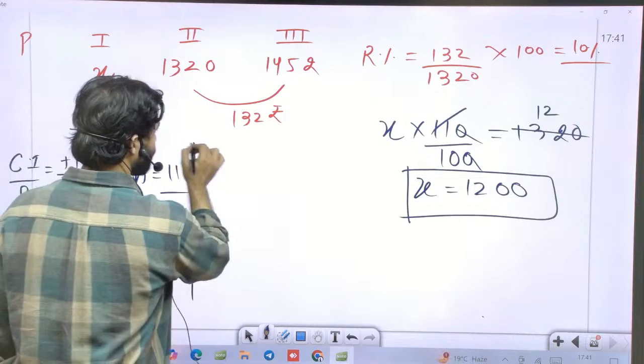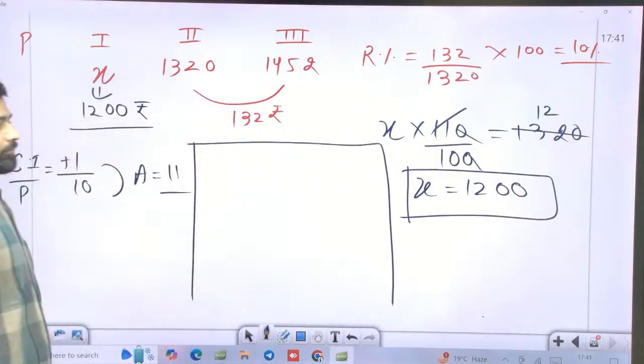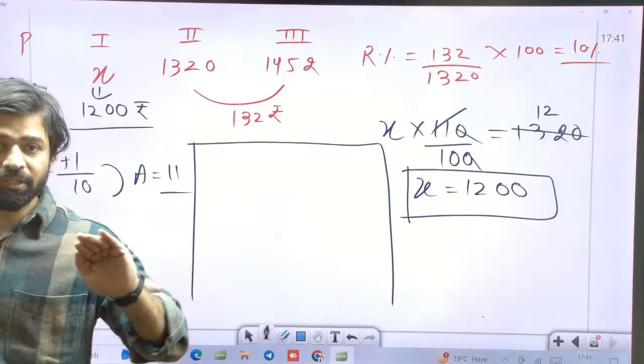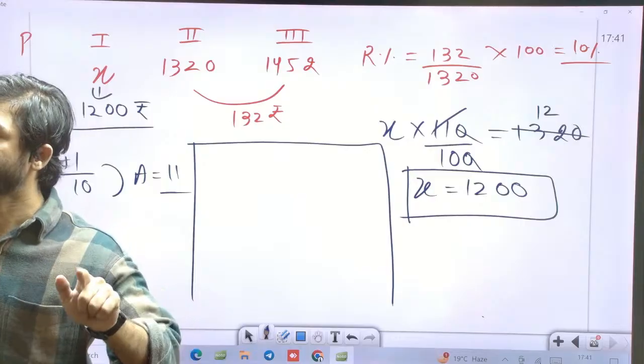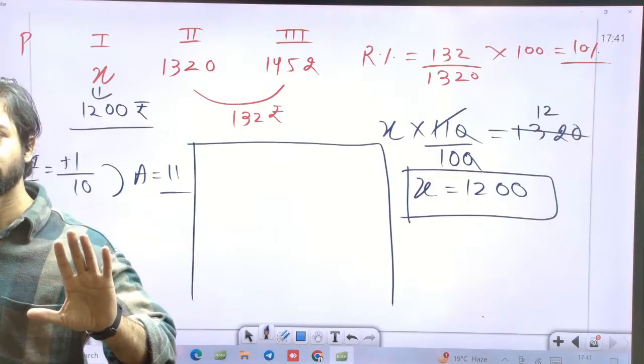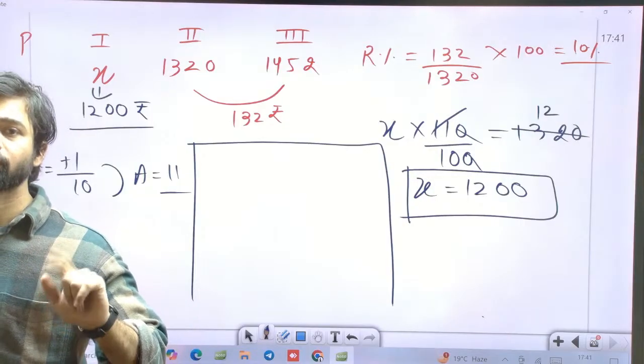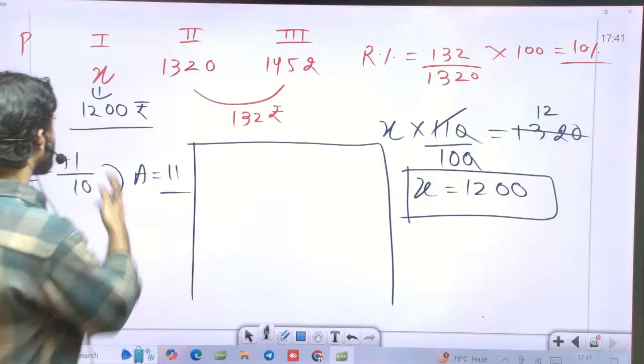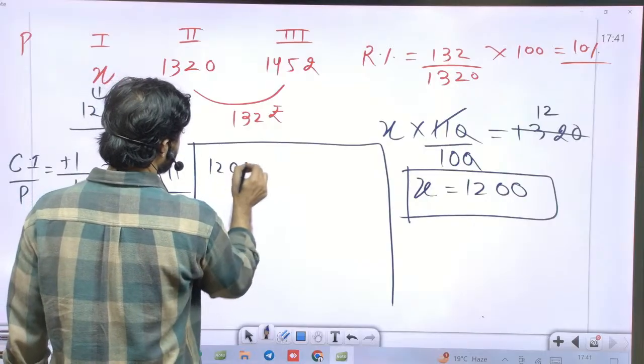Look at the board now. We have 1200. Now I'm making it more simple, because you know that principal, SI and CI for the first year are equal. SI for the first year on a certain rate will be equal or not? So we are getting SI as 1200.